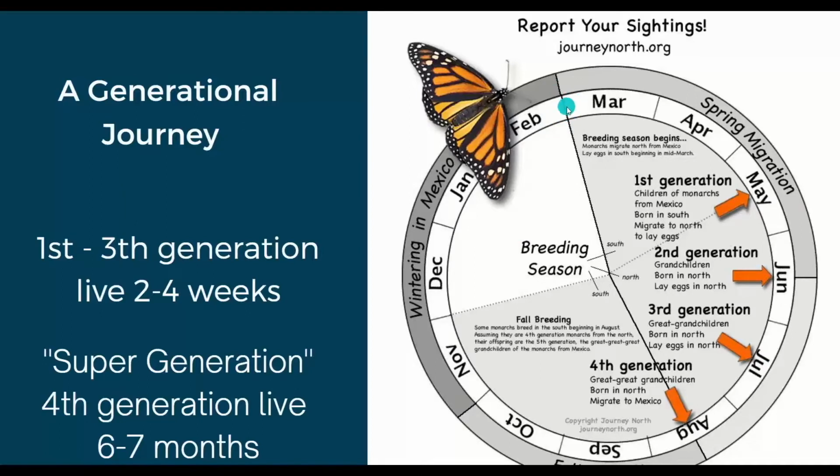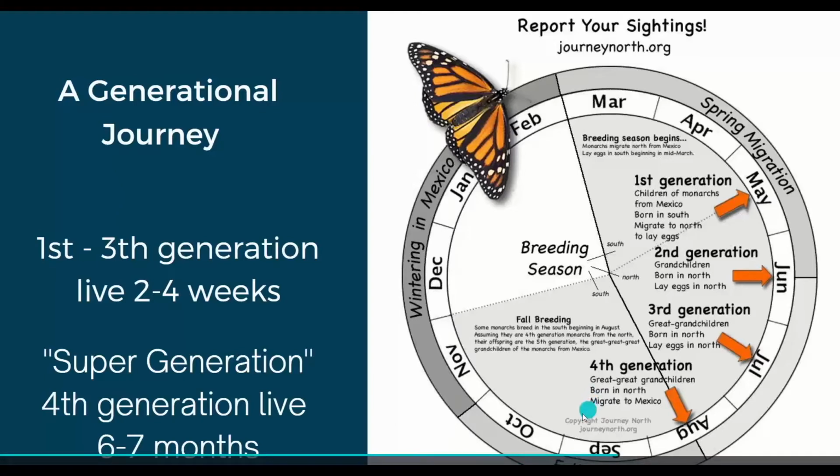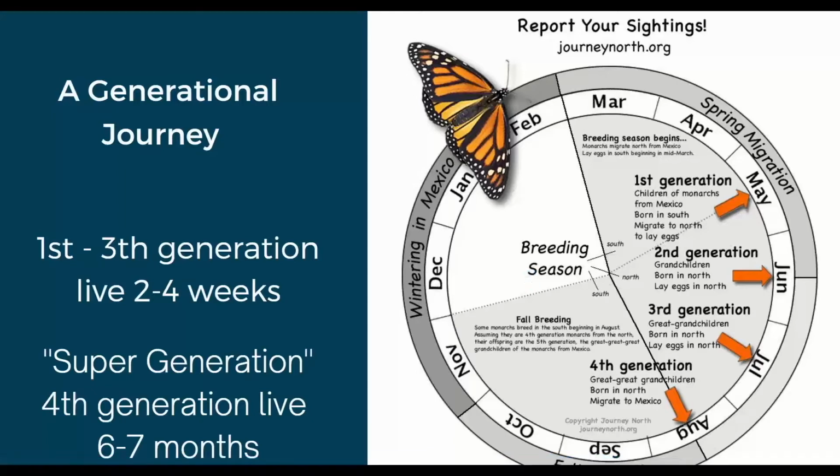And once they arrive to their breeding territory, just across the border into Texas, the first generation of monarchs, the eggs are laid in the first generation, continues that migration northward, and goes actually through 3 generations before the 4th generation, which is called the super generation. And that's the generation that indeed then returns to its overwintering site in Mexico. So again, just an incredible story of the monarch.